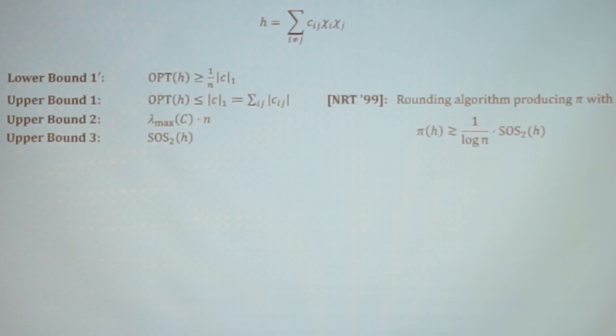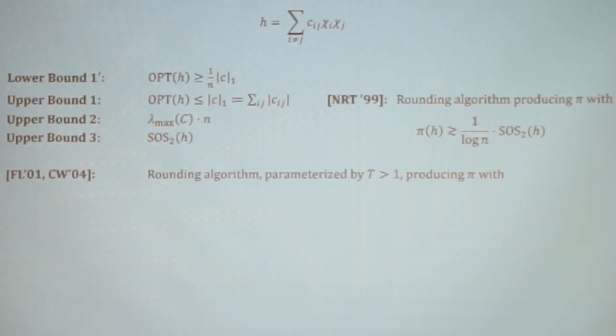Actually, there was an improvement to this, suggested by Feige and Langberg in 2001, and then analyzed by Charikar and Wirth in 2004. A little bit complicated to state, so let me go through it. It's a rounding algorithm that takes this SDP solution m and converts it into a genuine assignment pi. And it's parameterized by a t that you, the algorithm's user, get to choose. It produces an assignment whose quality is at least this.